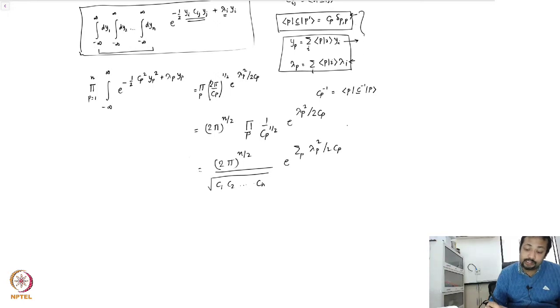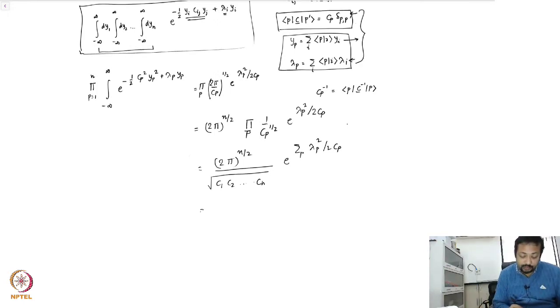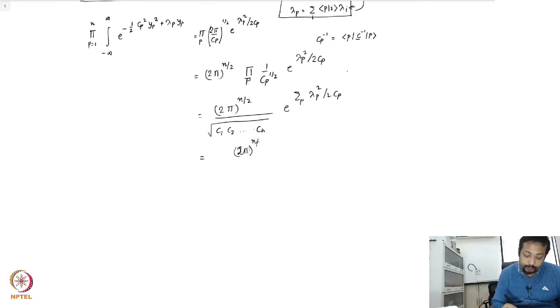If you use these relations, which have been highlighted over here, you identify that the denominator is going to be 2 pi raised to the power n by 2 divided by square root of determinant of c, and the exponent is going to be half lambda i c inverse ij lambda j.